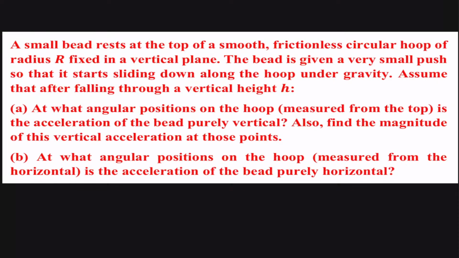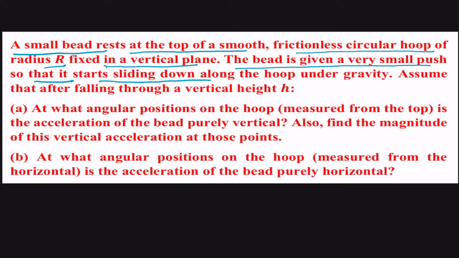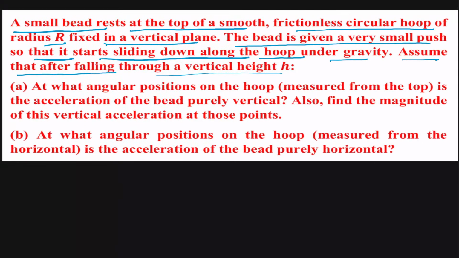It states that a small bead rests at the top of a smooth frictionless circular hoop of radius r fixed in the vertical plane. The bead is given a very small push so that it starts sliding down along the hoop under gravity. Assume that after falling through a vertical height h, based on this we have two questions.